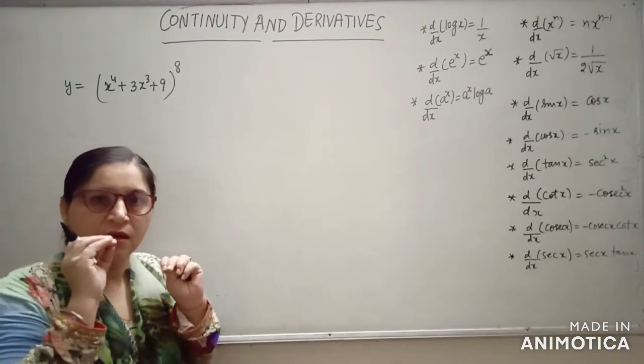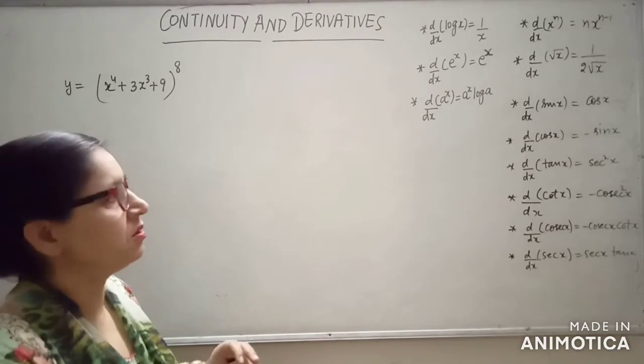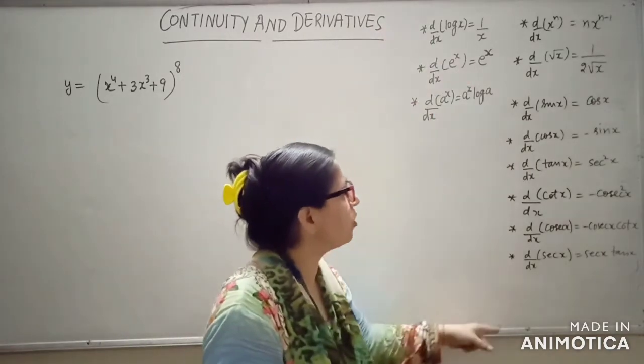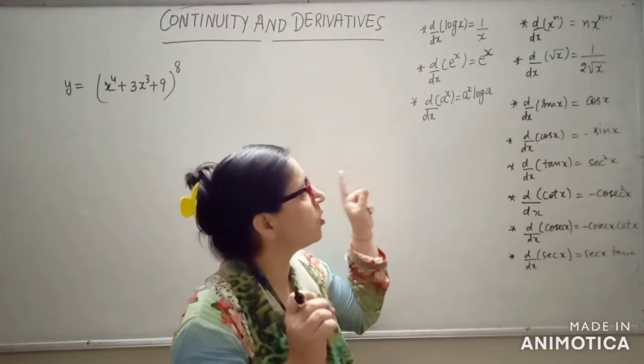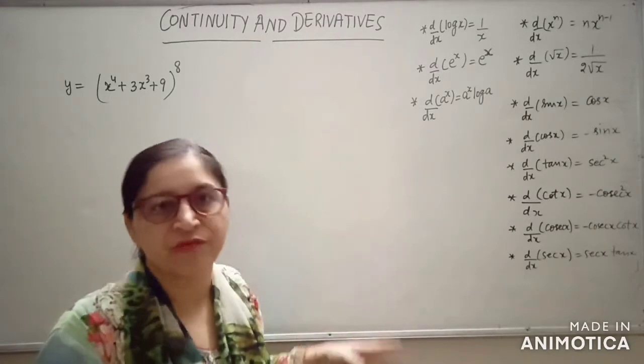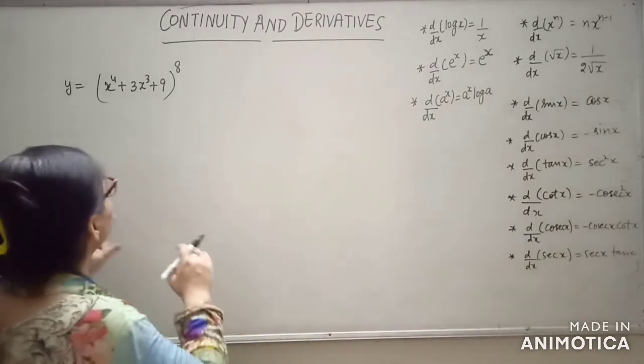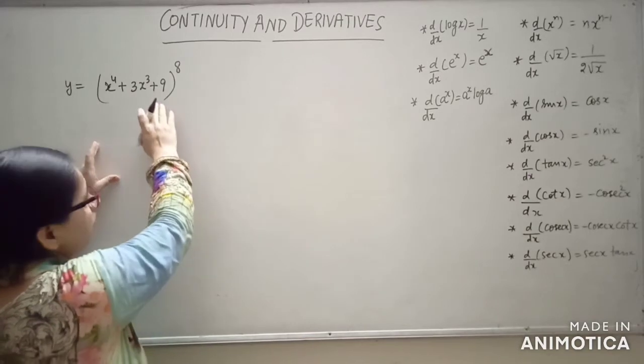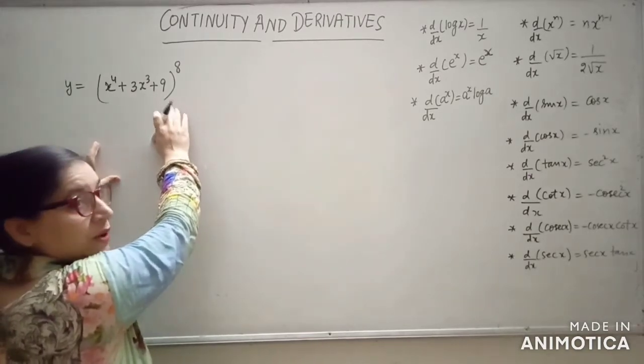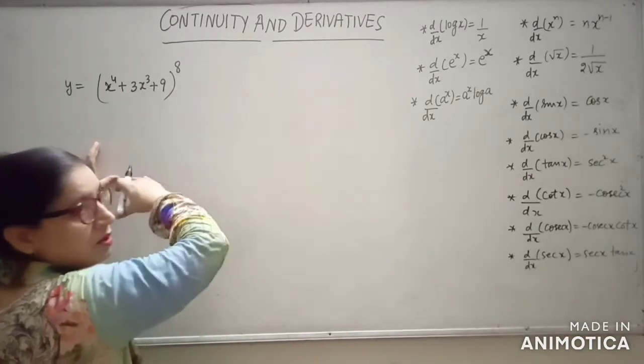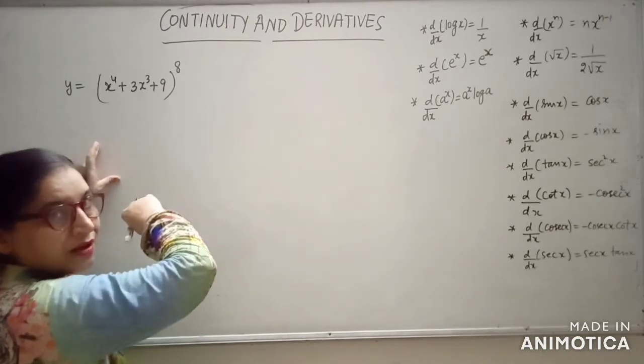First requirement is that all these formulas must be learned, all these must be on your tips. These are the basic formulas, because we will compare this question with them to see which formula can be used here.